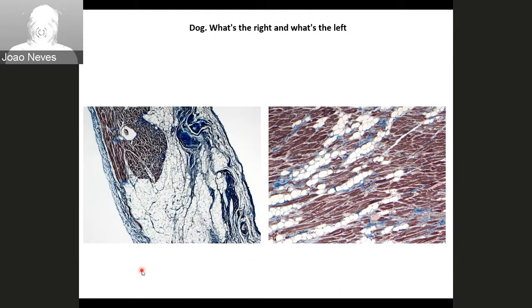Other question? May I ask one question? Sure. Maybe I'm wrong, but I can remember badly that in this type of DCM with fibrofatty replacement, the biggest amount of fatty cells is close to the epicardium.